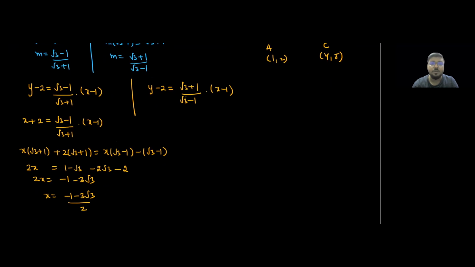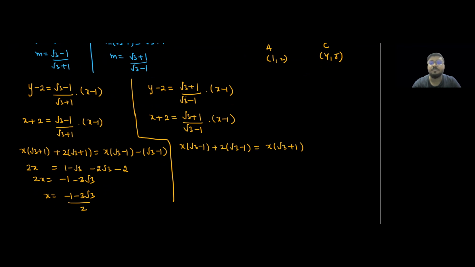Now a similar thing we will do with the second equation, putting y equal to x plus 4. That will be x plus 2 equal to (root 3 plus 1) divided by (root 3 minus 1) into (x minus 1). Let's cross multiply. So x times (root 3 minus 1) plus 2 times (root 3 minus 1) equal to x times (root 3 plus 1) minus (root 3 plus 1).